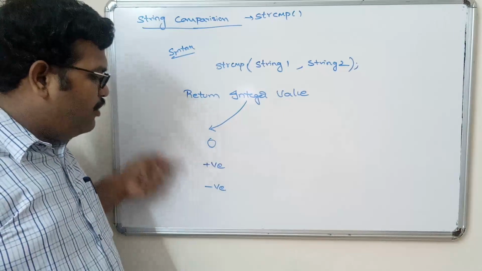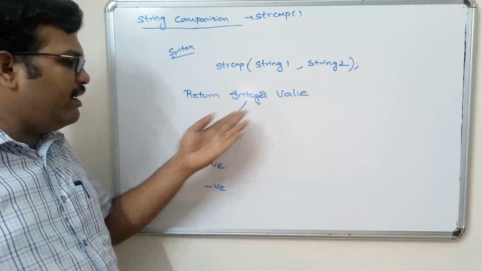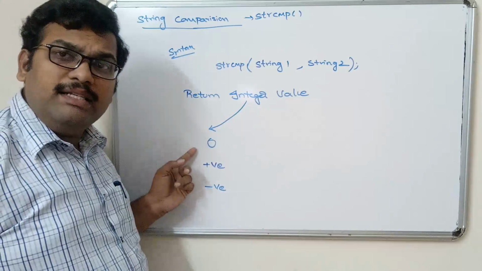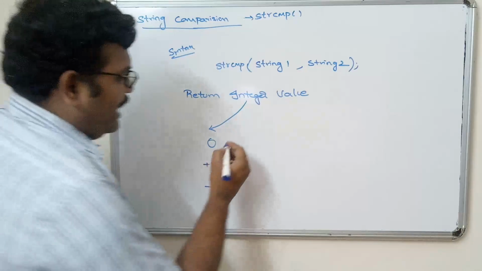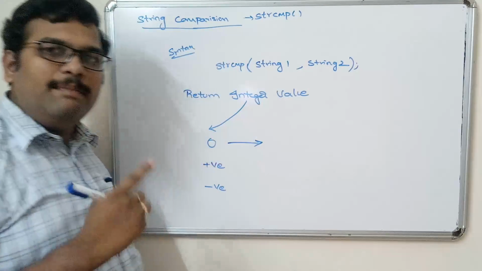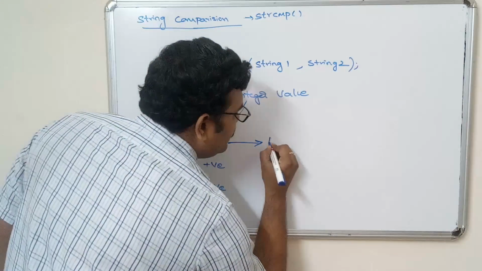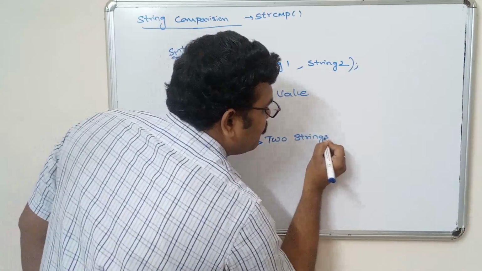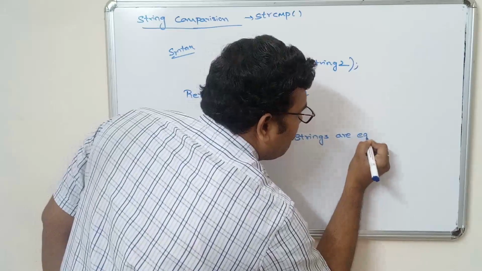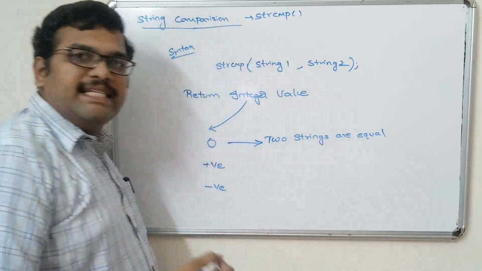It may return any value. It may be 0 or positive or negative. If it returns 0, that implies the two strings are equal.